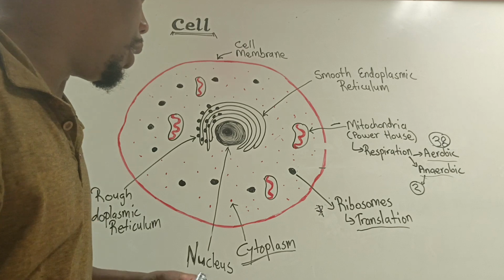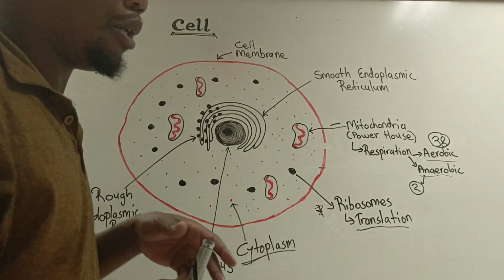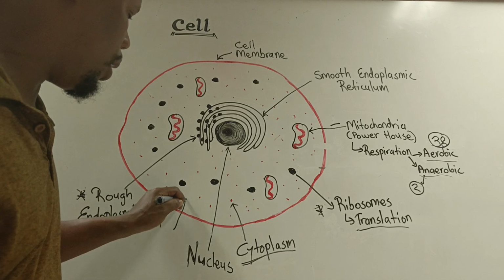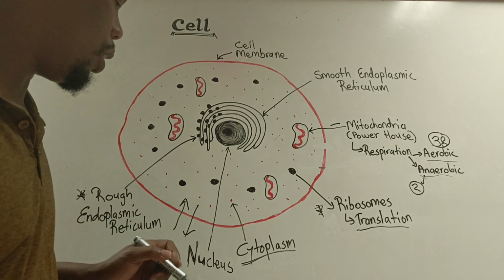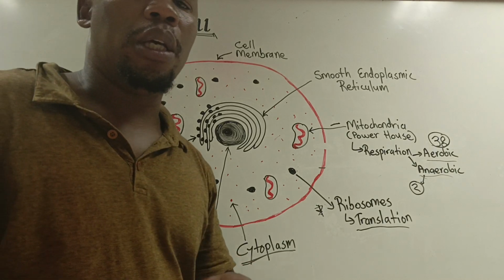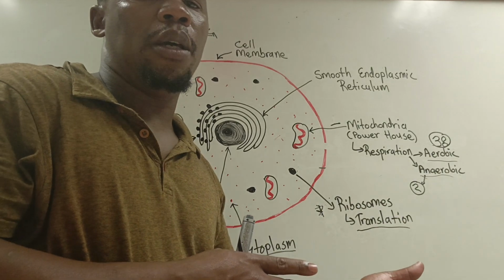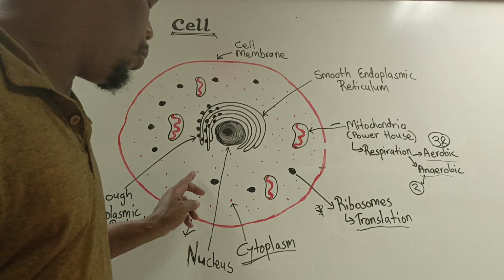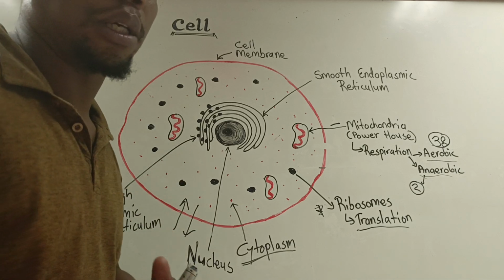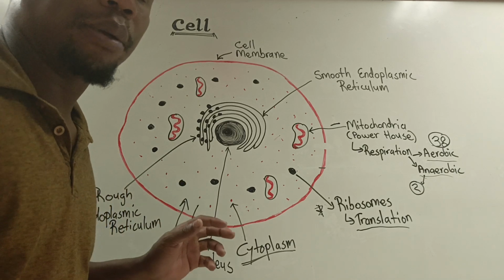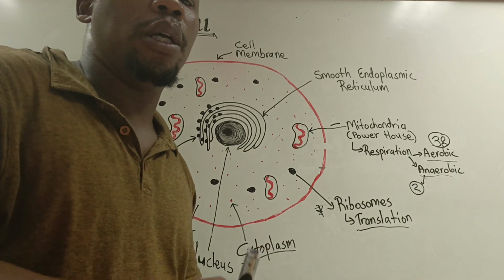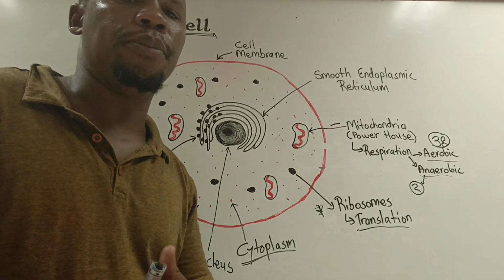And then cell membrane, being the outermost structure, it regulates gore ke mang o tsena mo teng ga sele, ke mang o tswang, right? It controls entry of movement of stuff into and out of the cell. So cell membrane regulates movement of stuff into and outside the cell.